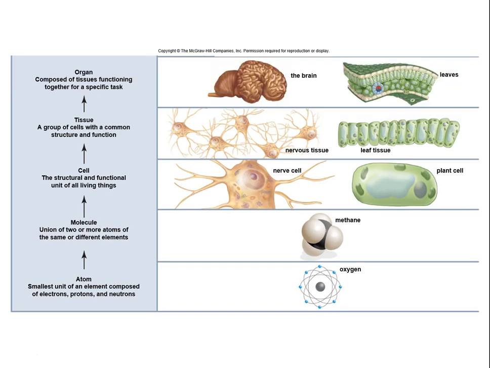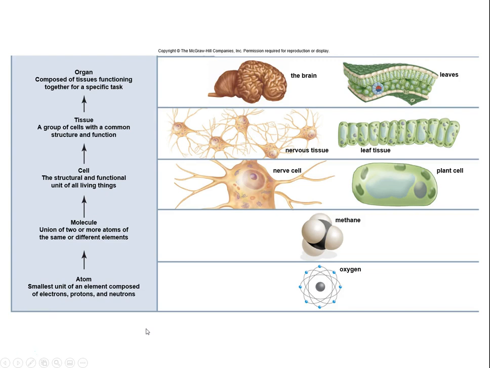Okay, if we move up from there, now we're talking about organs. Organs are composed of tissues that function together to perform a specific task. So if we're following along the nerve cells here, nervous tissue forms the brain.